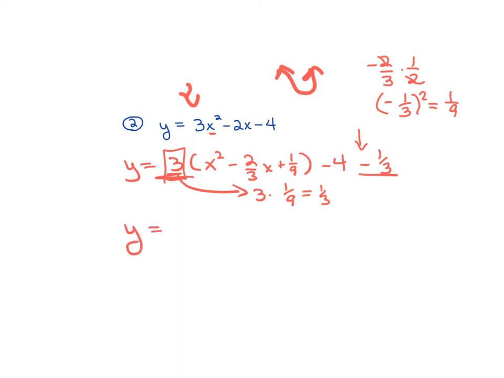So y equals 3x. And then if you recall what you got when you divided by 2, it becomes (x minus 1/3) squared minus 4 1/3. Now, I'm going to make this improper. I'm going to make this 13/3.